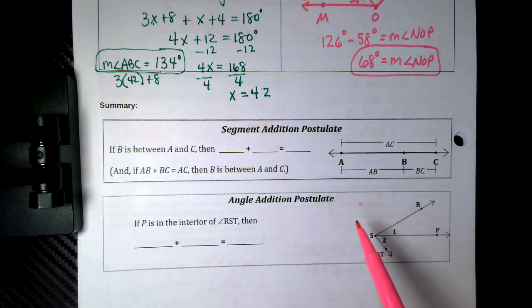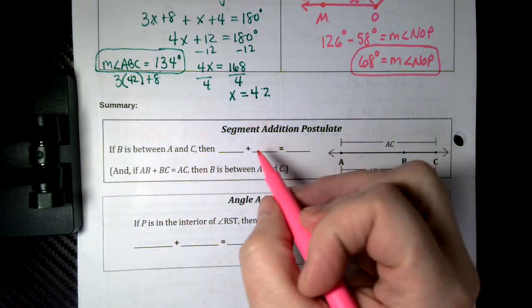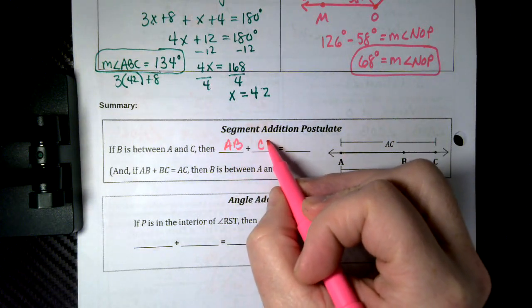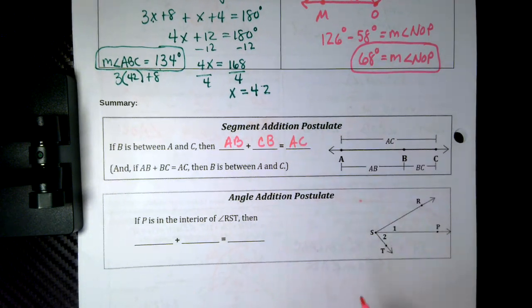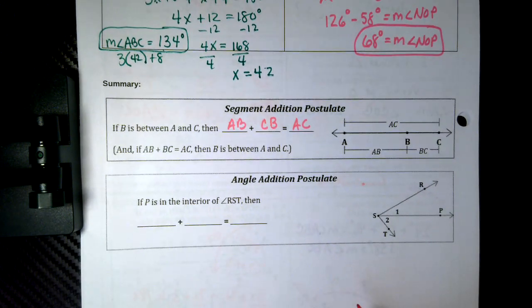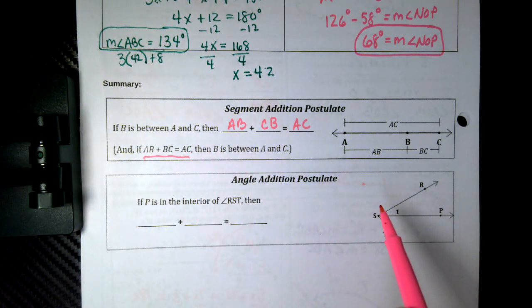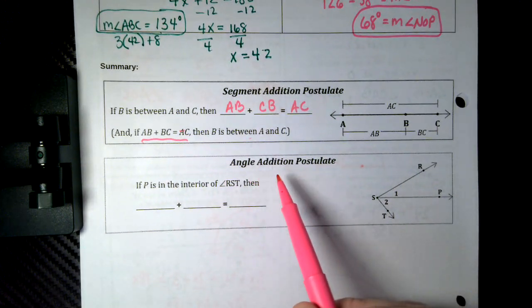All right, I'm going to fill in this last part kind of quick. If B is between A and C, then AB plus BC, or I call it CB, is equal to AC. Well, then they wrote it for us right here. Then B is between. So they're just talking about the addition, the angle.